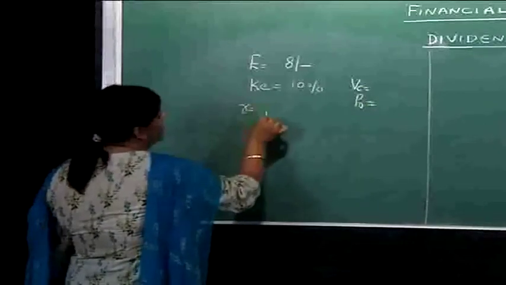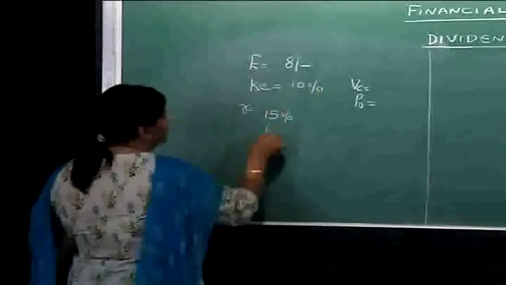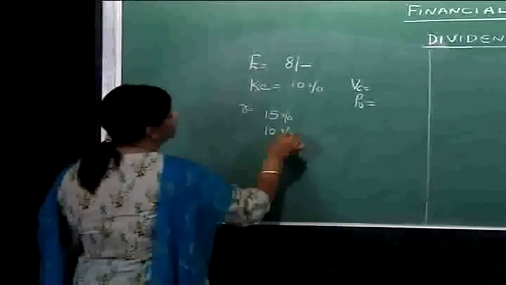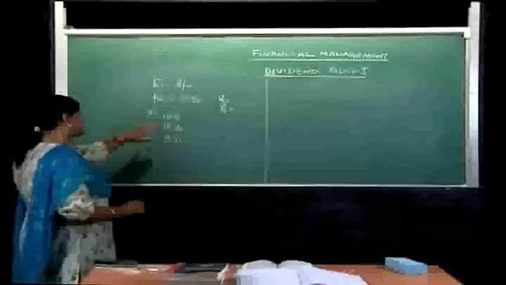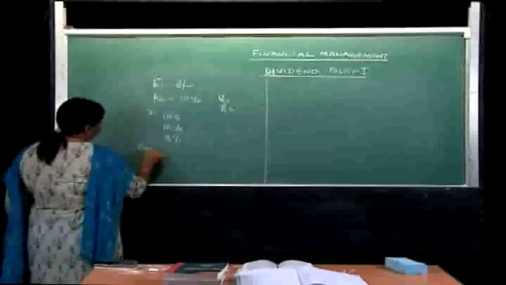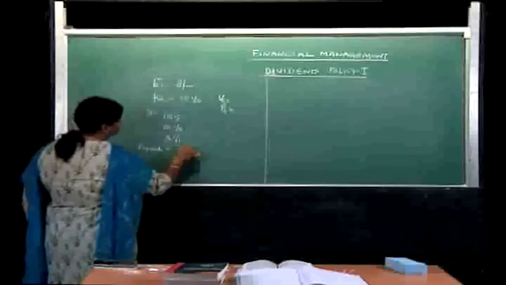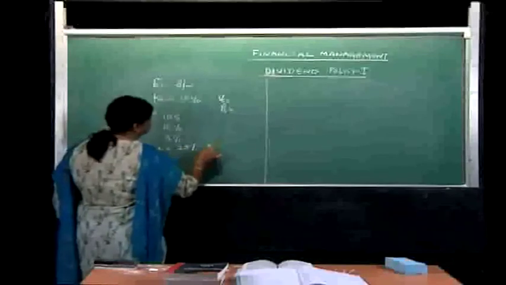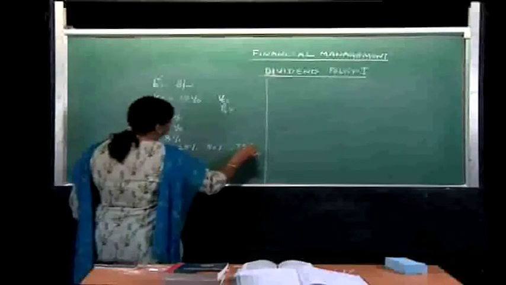Here the R is 15%, that is higher than KE. If R is 10%, equal to KE, and if R is 5%, less than KE, we are going to find out the price of the share. Under three different payouts we shall find it out: one at 25%, another at 50%, and another at 75%.